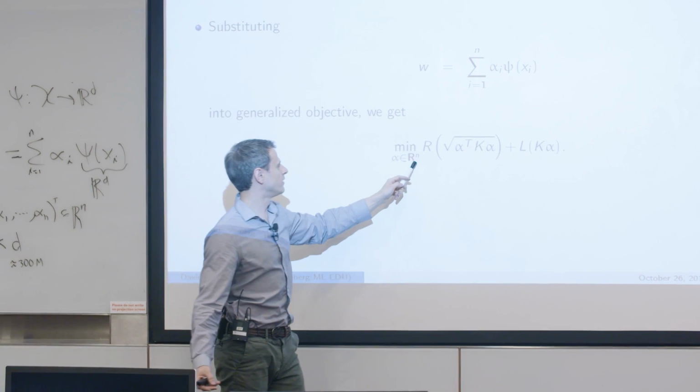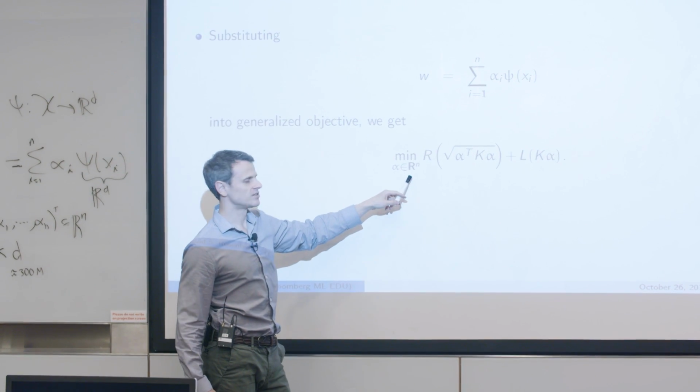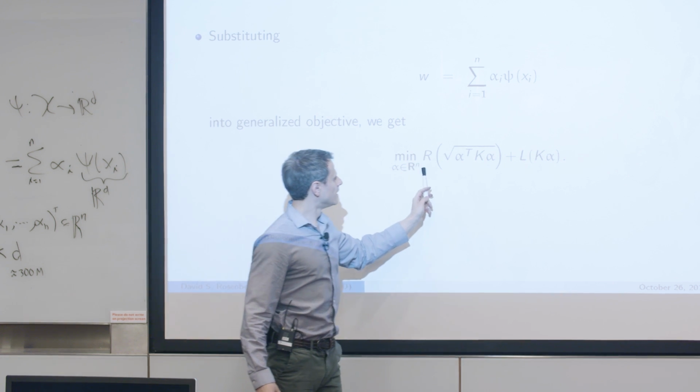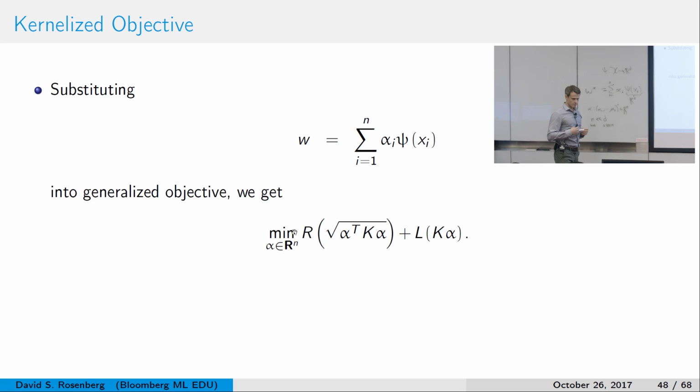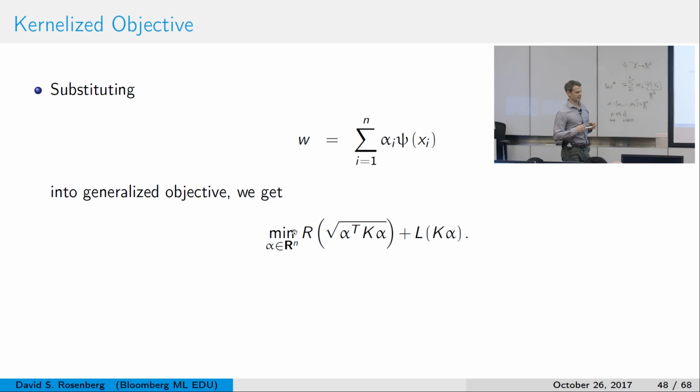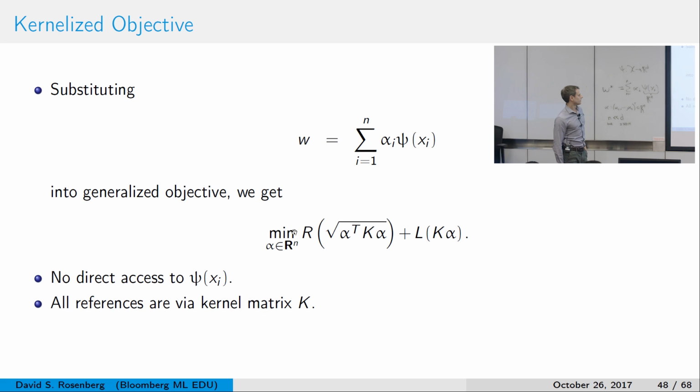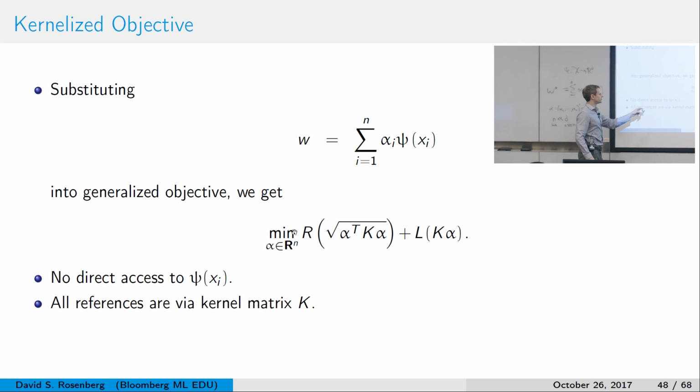So minimize over alpha in R^n, where n is how many training points we have. This is our objective function in matrix-vector notation. Note there's no direct access to any individual psi(x_i). Everything's through the kernel matrix.